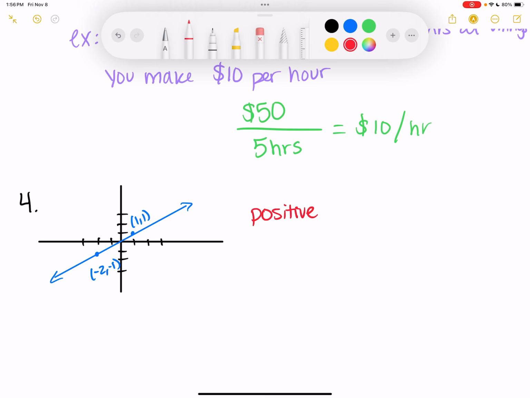Then they say find the slope if it exists. So they've given us 2 points. I'm going to say this is point 1 and this is point 2. It does not matter.